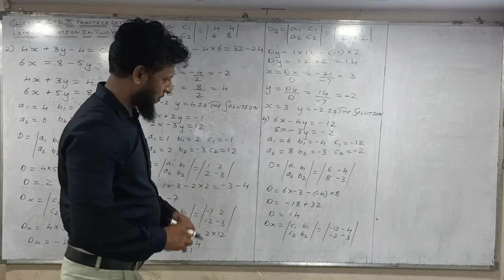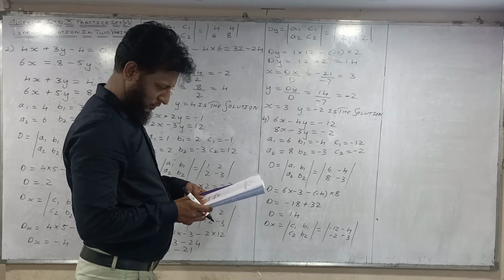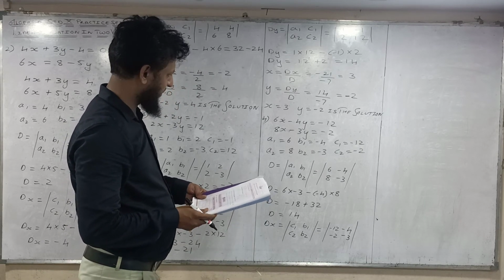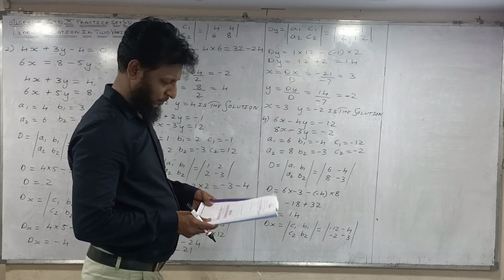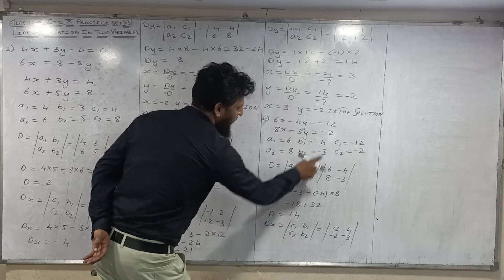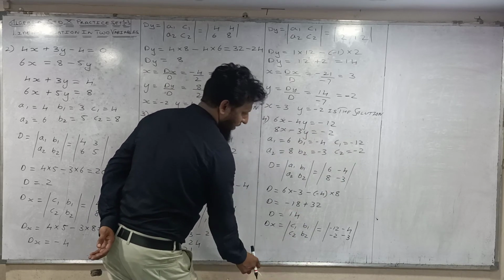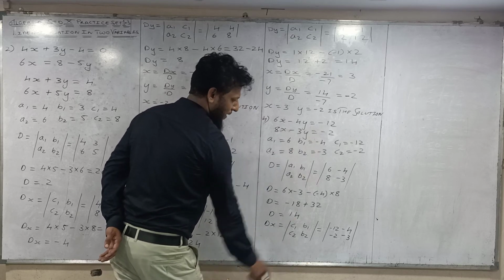Okay, so here the values are C1, C2 minus 12, minus 2 and B1, B2 minus 4 and minus 3.